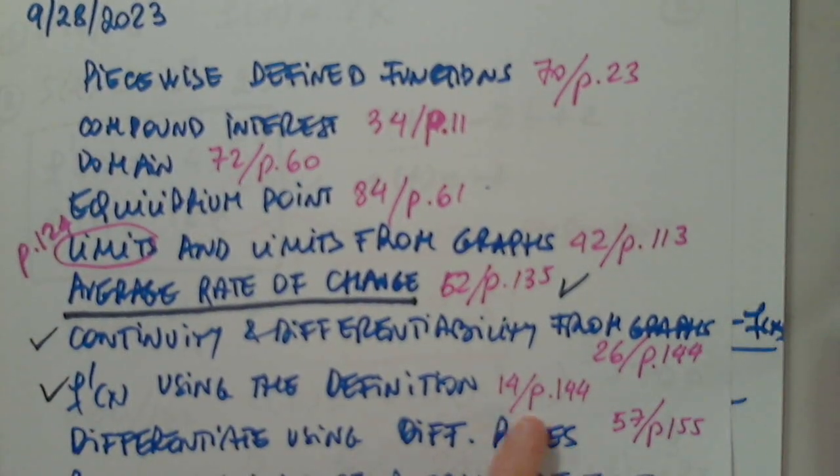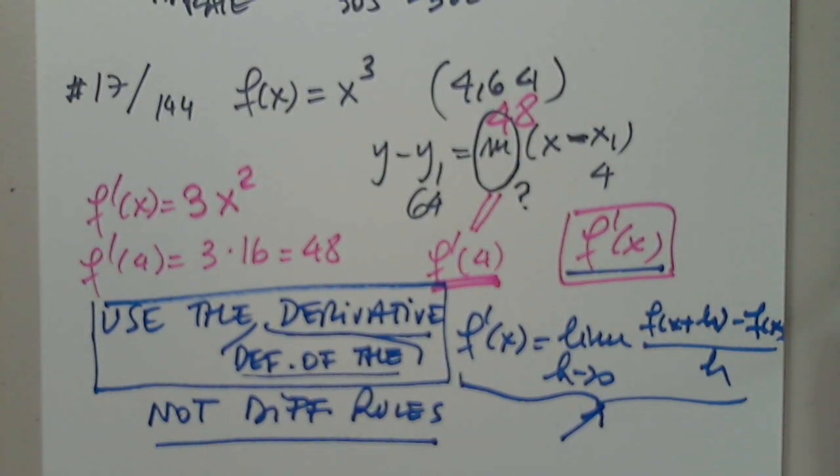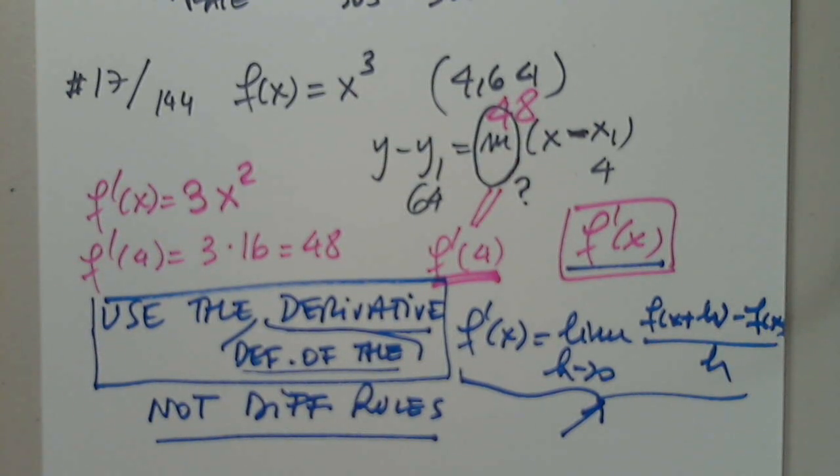So 14 on page 144 or any other problem. And then we have to use the definition, which is this, and we have no choice. So do we have a problem, or we work on 14? Also remember, all the written homework solutions are posted. You must look at those.